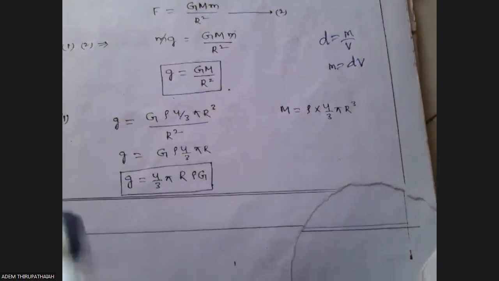Removing the cube, R square cancels, and g is equal to 4 by 3 pi R rho G. This is the relation between small g and capital G.